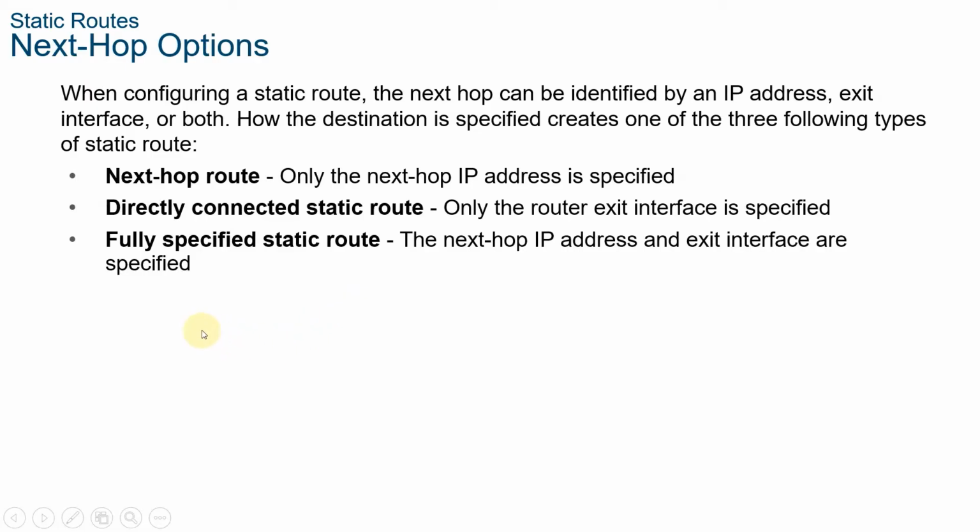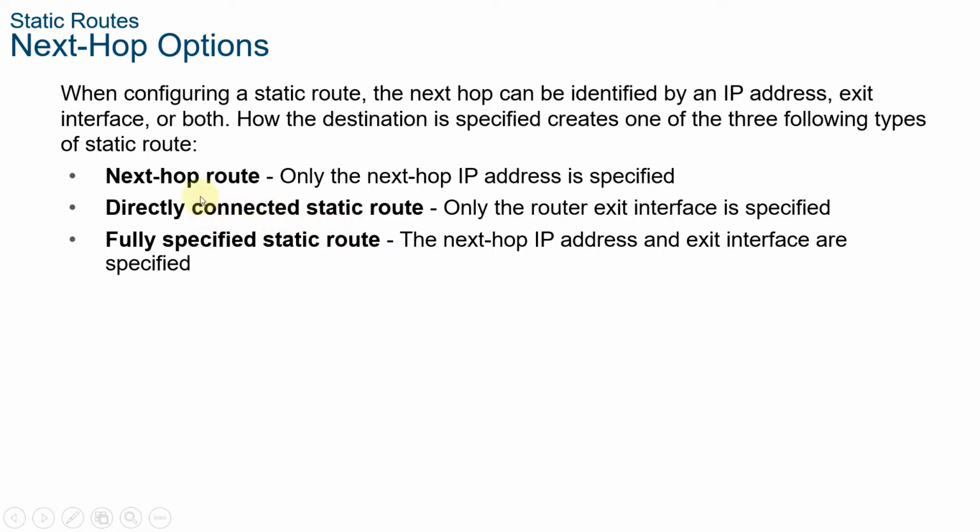Now, in the course of the video demos, some next hop options were used. When configuring a static route, the next hop can be identified by an IP address, the exit interface, or both. How the destination is specified creates one of the 3 following types of static route.